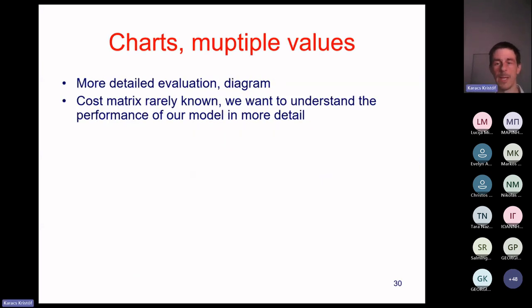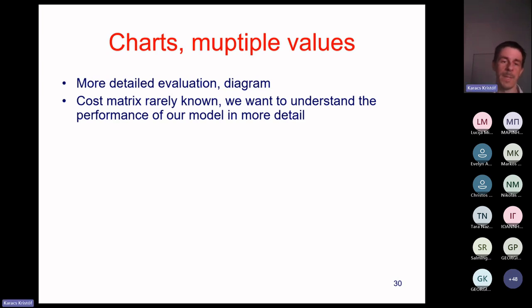Before the break, I would like to conclude with some comments here. To understand the performance of your model, it's typically good to do a more detailed evaluation, so to have some diagrams.